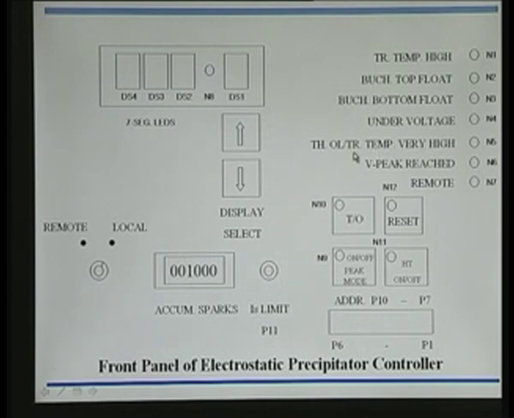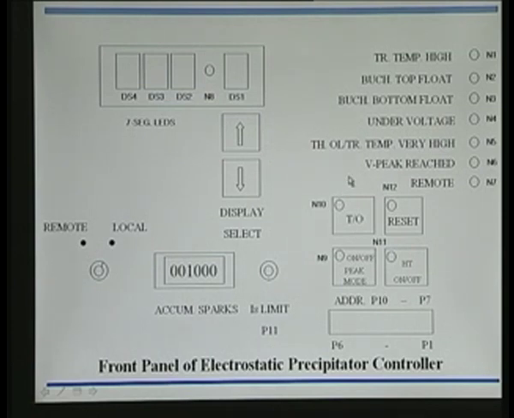Otherwise, a thyristor is there in order to generate DC supply from the AC supply, and the thyristors are also to be fired from this controller that we are going to design. Any thyristor overload reflects as current there, and that also will have to be sensed and indicated here. You have a transformer, therefore there will be some oil cooling, so you need a top float or bottom float to know the oil position there, and this unit itself will work only up to a particular voltage.